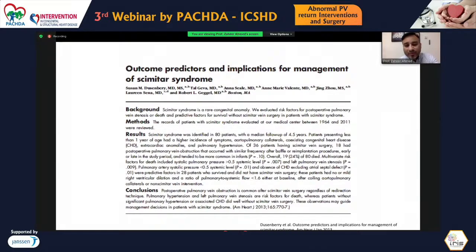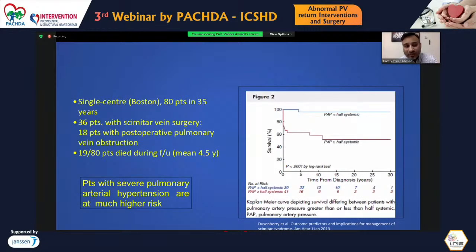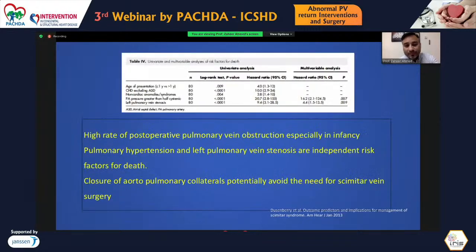Another paper talks about outcome predictors and implications for management of scimitar syndrome. In this paper, they looked at 80 patients over 35 years, of whom 36 underwent scimitar vein surgery. The important point is that if PA pressures are more than half systemic, your survival declines, and that's why patients with severe pulmonary arterial hypertension are at much higher risk.